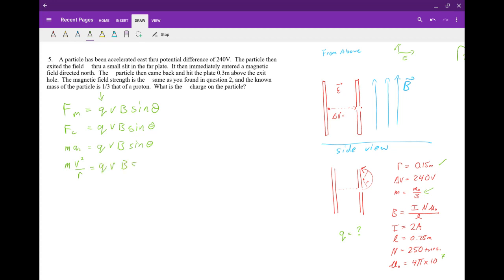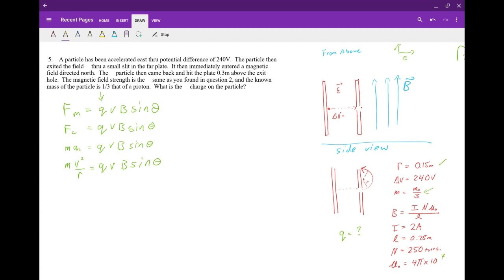And so I've got qvB sine theta. All right. And now, taking a look at this, I've got q, right? And I'm going to go ahead and solve for it. I'm going to pass all this other stuff down over to the bottom. According to algebra, I'm looking at q, which I'll write on this side now.